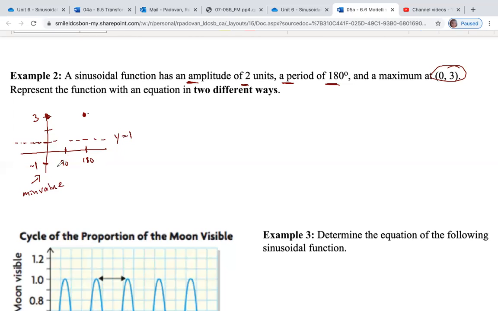So at 90, I'd be down at -1. Sorry, I'm drawing over top of the number 90 there. But I would come down, let's say, and come back up. And then same thing, I would come down and come back up, come down and come back up. Okay, so let's look here.